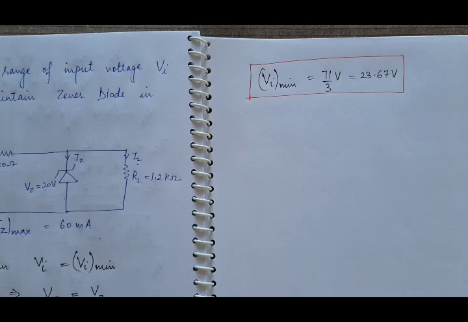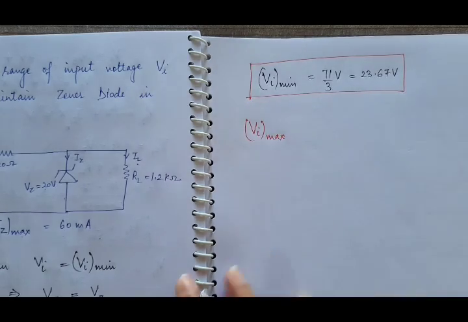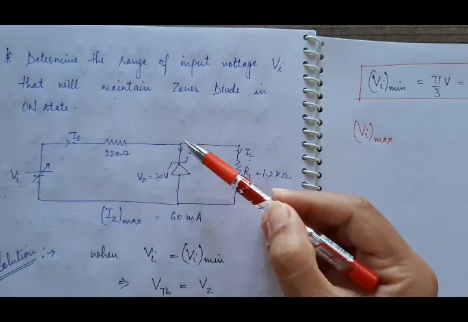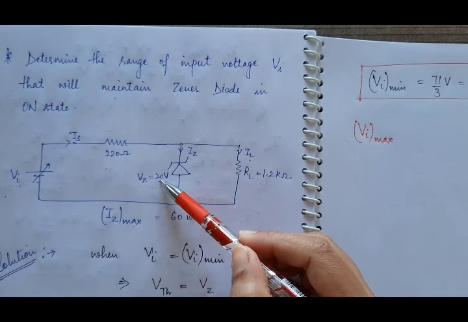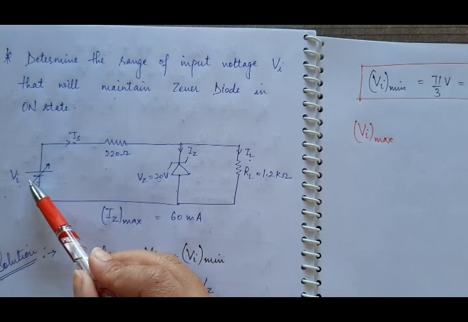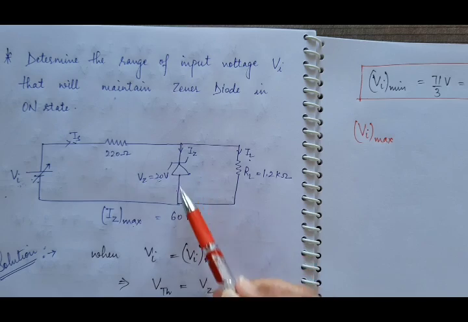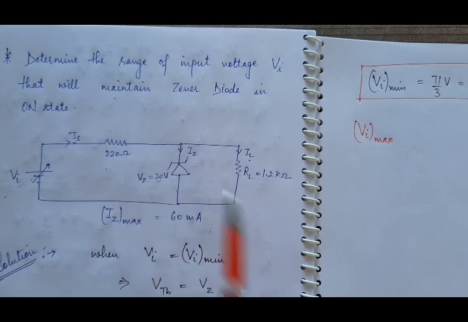Then next we have to calculate the maximum voltage. And what will be the maximum voltage of the Zener diode? Apply Kirchhoff's law here, because at that time when this Zener diode is on, the voltage between these two ends will remain Vz, that is 20 volts. So when this is maximum, then as Vz is constant, the voltage across this Rs will also be maximum.